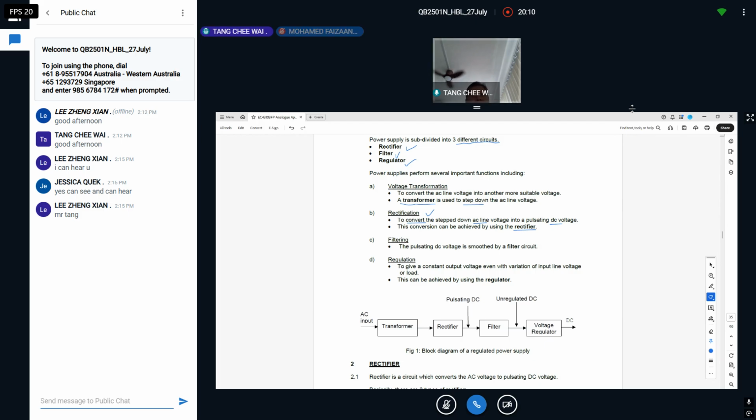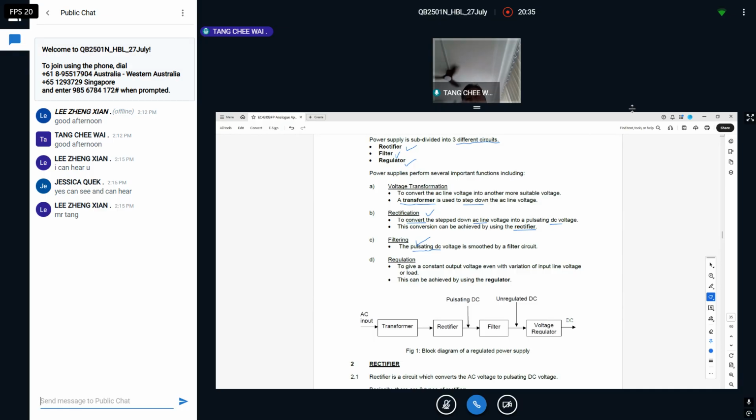The next one we are talking about is filtering. Basically, it is to smoothen out the DC before it is eventually output to your device. This is a smoothing circuit. Just before the filtering, your DC is like a ripple, like water ripples.